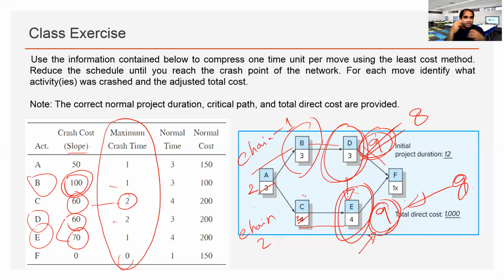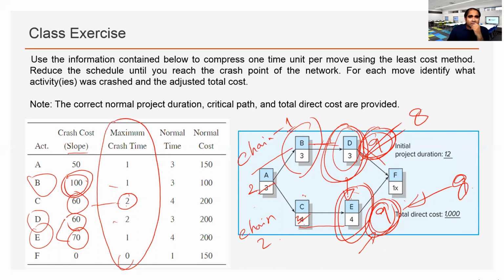If we have multiple critical chains, such as these 9 and 9, that means we need to reduce activity from each chain to reduce the total duration. So again, cheapest is the option. From chain 1, we can see that B is expensive. Obviously, we should not crash B, so between B and D, D is a clear choice.